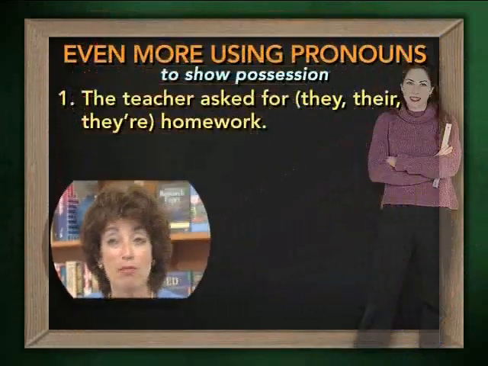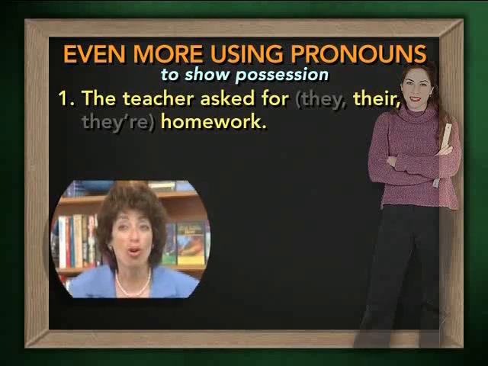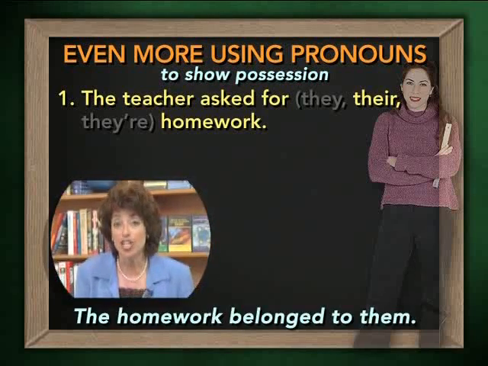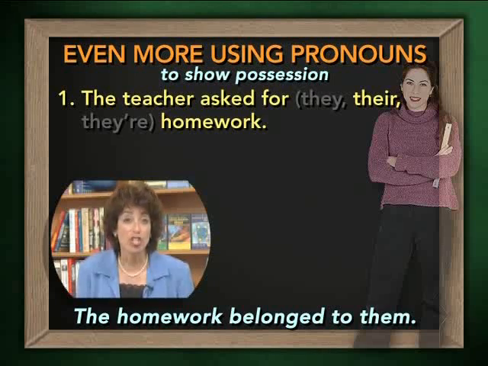The first two show possession, the second two show gerund, and the last one is used alone. Possession. The teacher asked for their homework. The homework belonged to them, so I'm using their. I'm not using they, and I'm not using the contraction they are. It might help you to say the contraction as the two words.